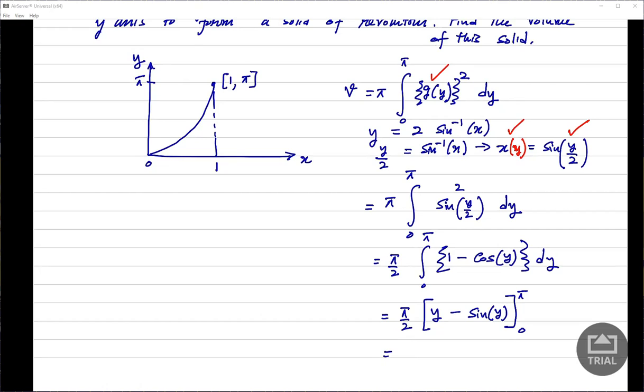If you put 0 to pi, you get pi divided by 2 times pi, since sine pi is 0. So pi squared divided by 2 should be the answer.